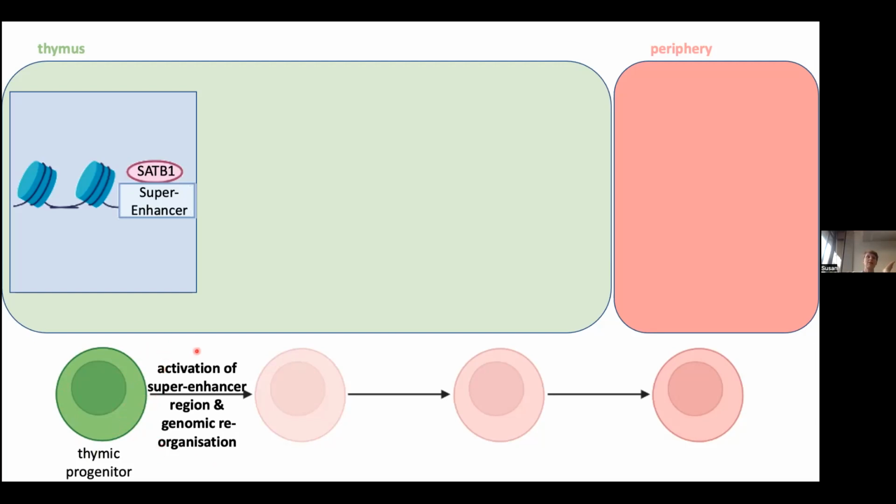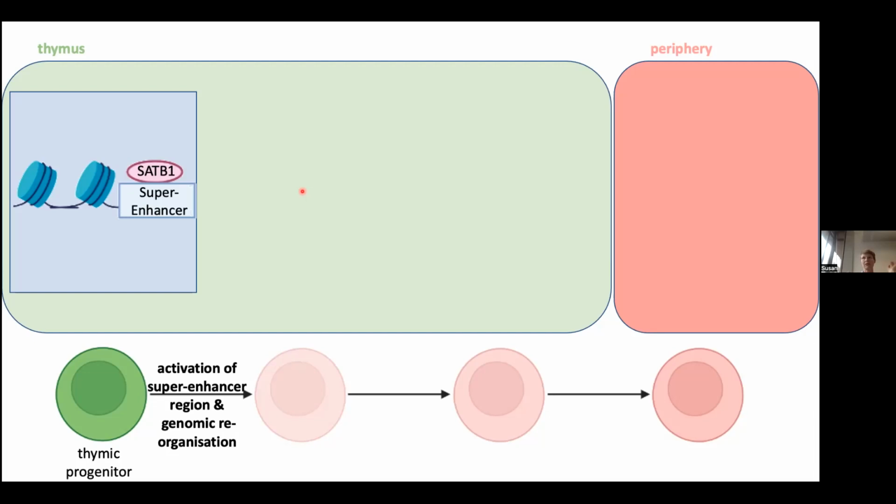But then the activation of a super enhancer region by SATB1 leads to a genomic reorganization. And this genomic reorganization somewhat opens up Treg-specific loci and allows for the recruitment.